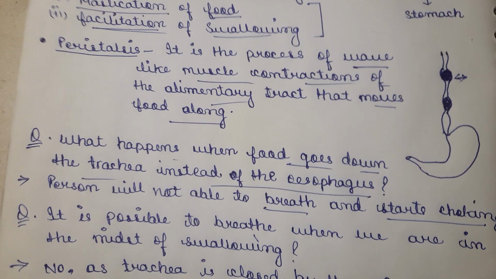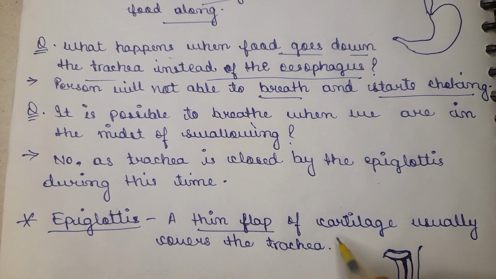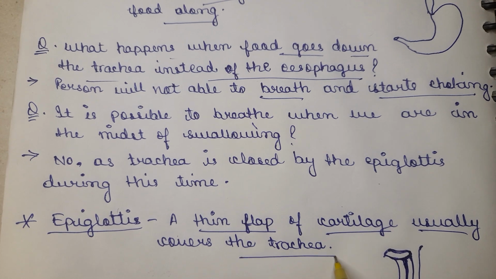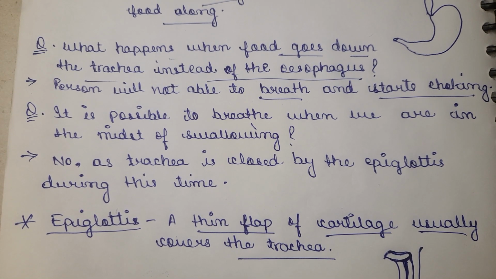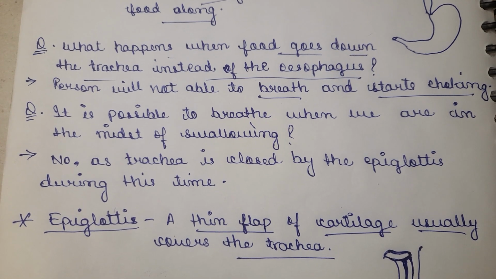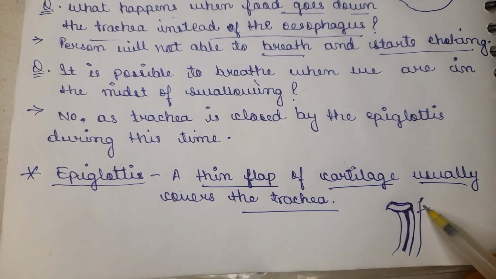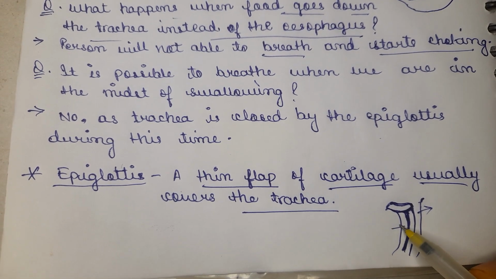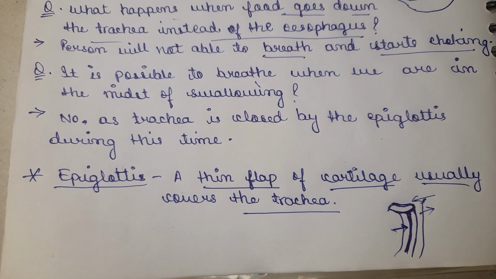So the epiglottis is just an organ, or we can say a thin flap of cartilage, that usually covers the trachea. This is just a cover, or we can say a gate, that closes or opens according to the need. So if you see the diagram, you will find that this pipe is the esophagus, this is the pharynx, and here is the larynx.